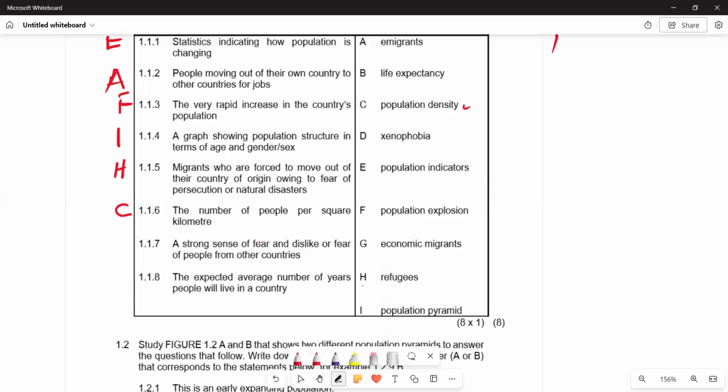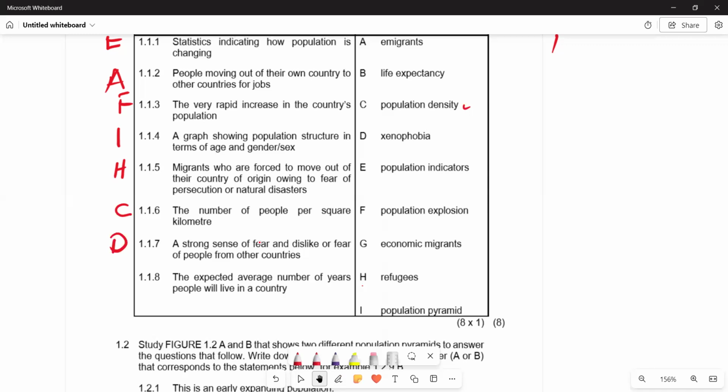Then 1.1.7 reads, a strong sense of fear and dislike of people from other countries. Obviously, this is xenophobia, and we've got D as the appropriate answer. Maybe we should understand exactly what we mean by xenophobia.